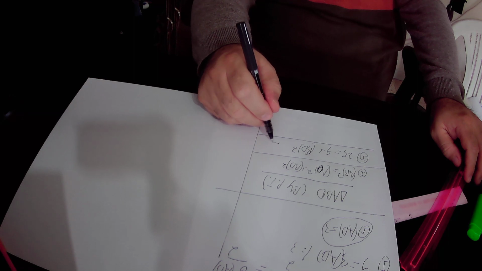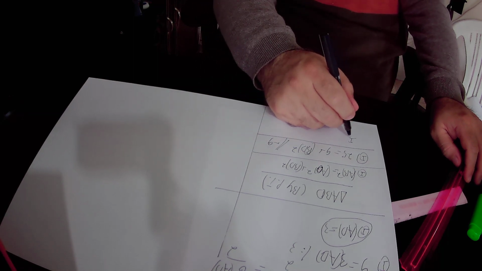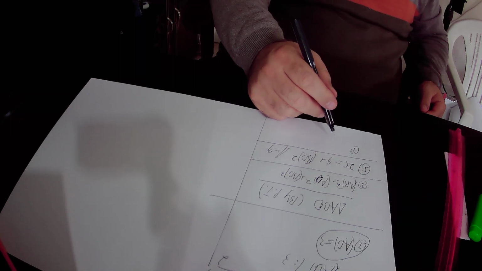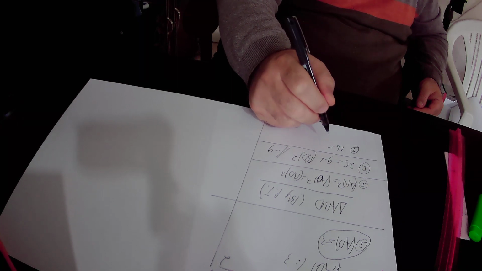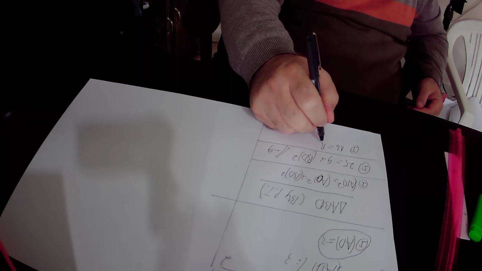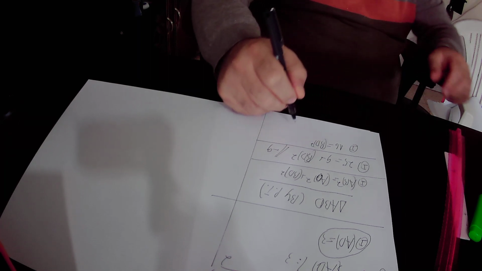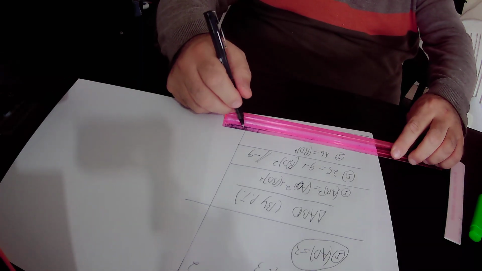Here we subtract 9 from equation number 1, and we get that 25 minus 9 is 16, and it is equal to BD squared. So BD squared equals 16.